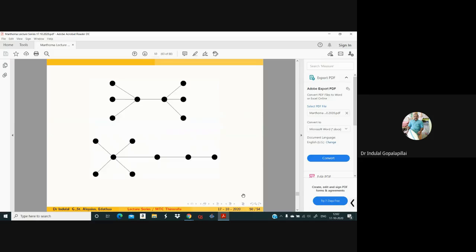Another problem is, can we have non-isomorphic graphs with the same spectrum? And the answer is yes. That opened the class of graphs called cospectral graphs. Two graphs are said to be cospectral if they have identical spectrum but are non-isomorphic.